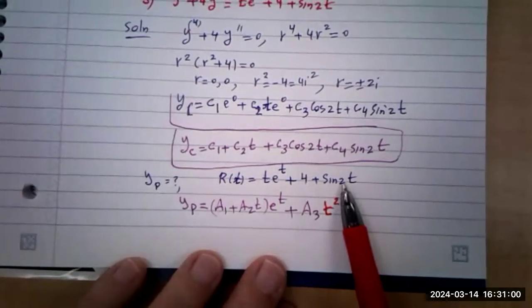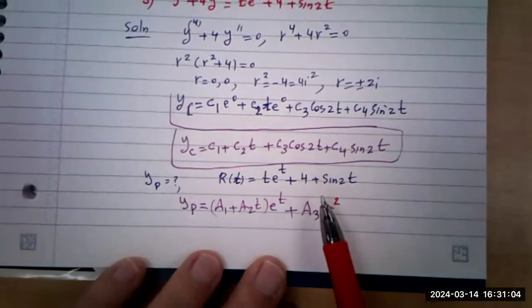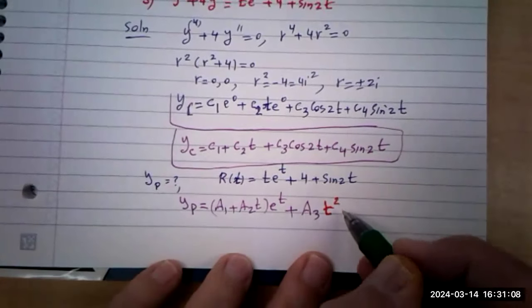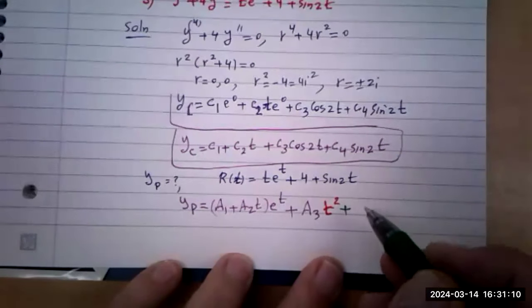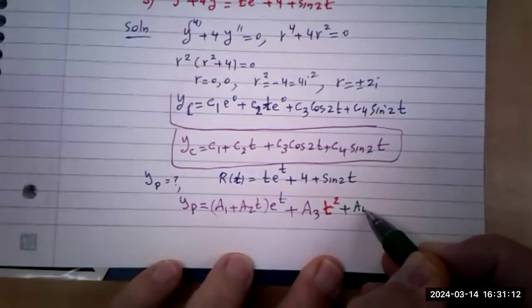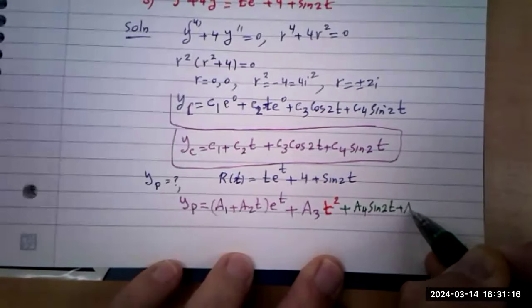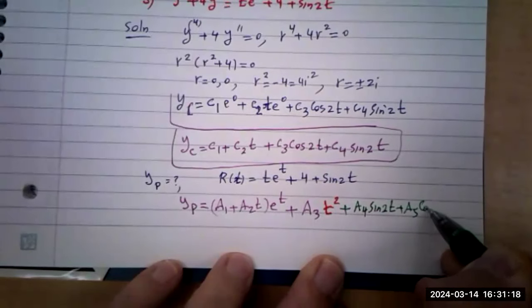Now for the sine, you need a combination of sine and cosine. The coefficient is 1, so just a constant polynomial. So it's going to be plus, you go with A3, so it's going to be A4 sine of 2t plus A5 cosine of 2t.